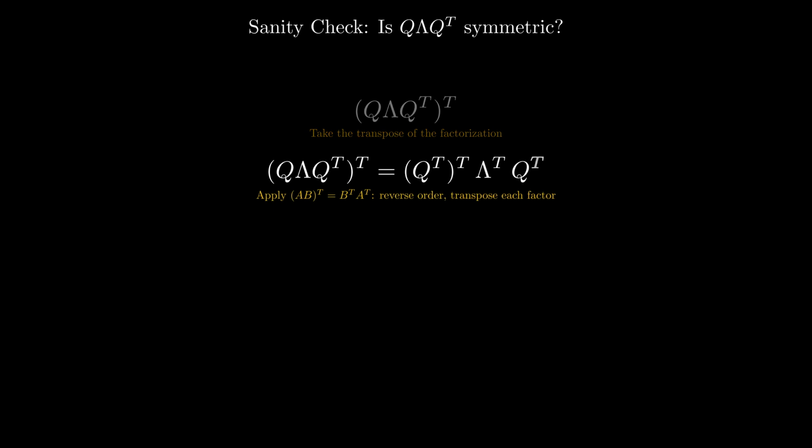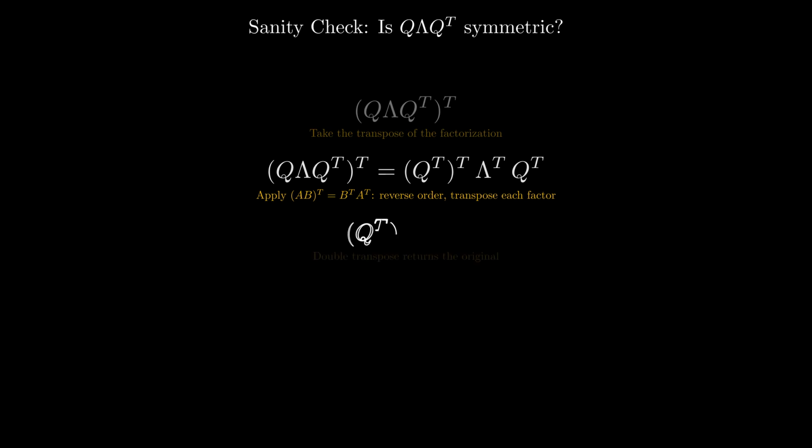Quick sanity check. Is Q lambda Q transpose actually symmetric? Let's take its transpose and see what we get. Remember, the transpose of a product reverses the order and transposes each piece. So Q lambda Q transpose, all transpose, becomes Q transpose transpose times lambda transpose times Q transpose.